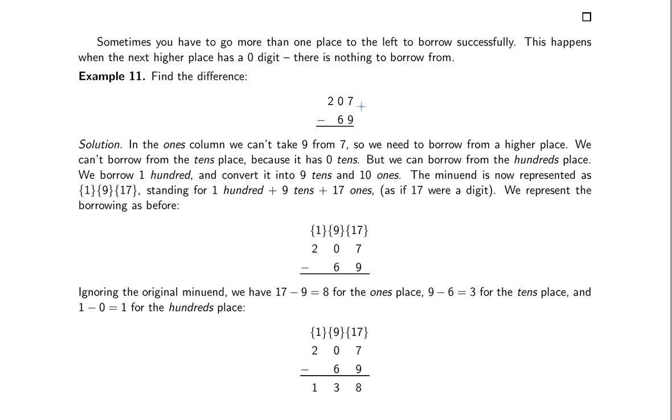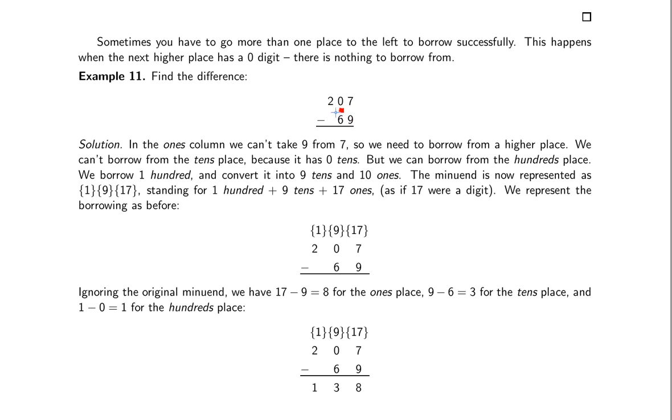All right, so we see the problem right away. We have 7 minus 9. The 9 is too big, or the 7 is too small. So we need to borrow, but there's nothing to borrow in the tens place.